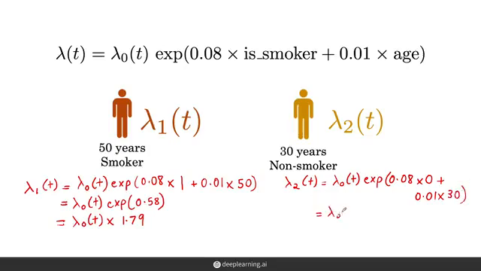And this simplifies down to lambda naught of t times exp of 0.3. And so this is lambda naught of t multiplied by a factor of 1.35. So there we have computed the risks for patient 1 and patient 2.